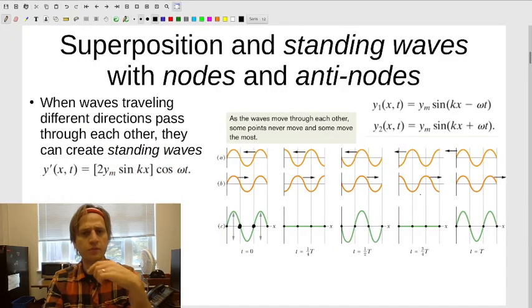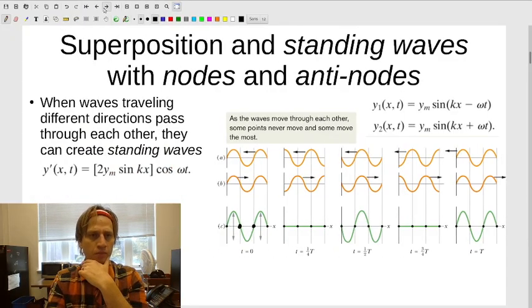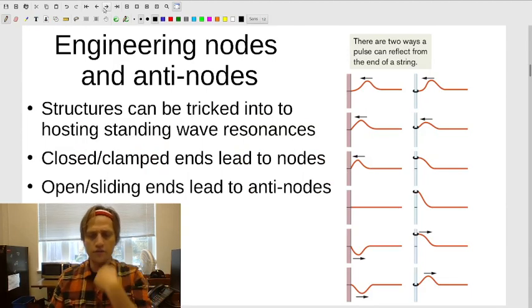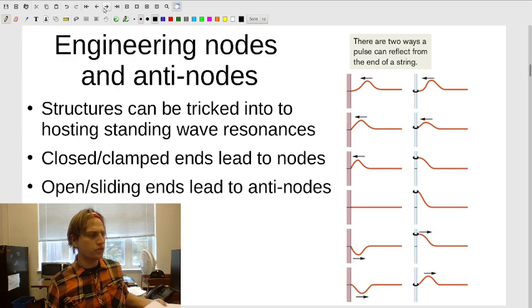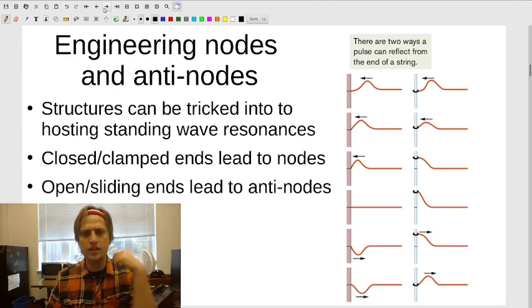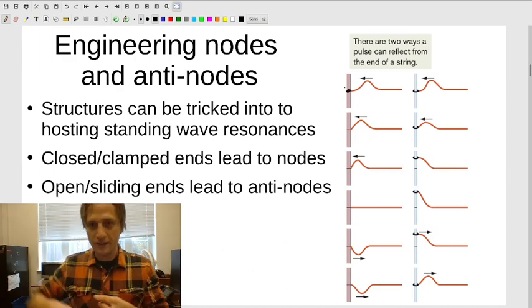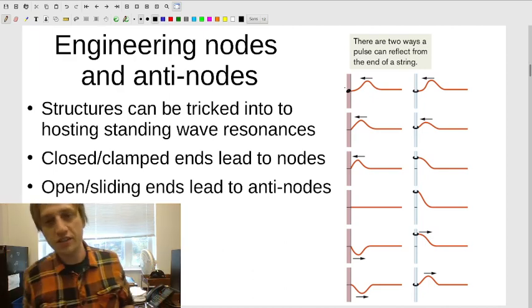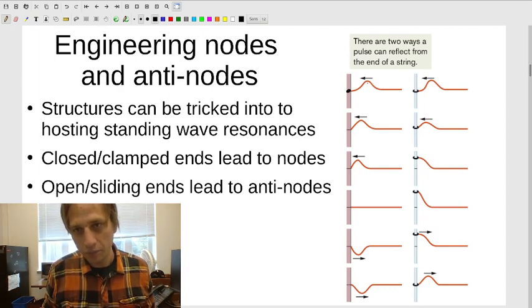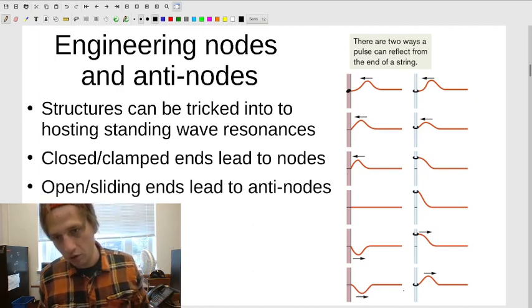Another thing that we discussed briefly last time was that we can engineer the different nodes and antinodes that we want to see by setting up different situations. So, for instance, in class, we used a long slinky, and one person holds the slinky really tight, and the other person shakes the slinky, and a little ripple goes down the length of it, and when it gets to the end, it bounces back below.